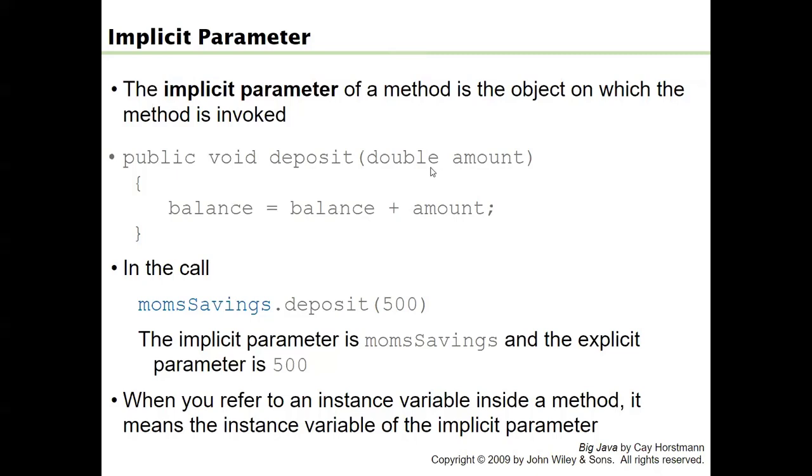That's what it's called, this, okay? It's funny that you say, well, what is this? Well, it is this object, not that object over there, but this one. Well, which one is this one? It's Mom Savings. So this is actually passing in Mom Savings in here, saying there's an extra parameter in here, and we use that, and we'll see that in a second.